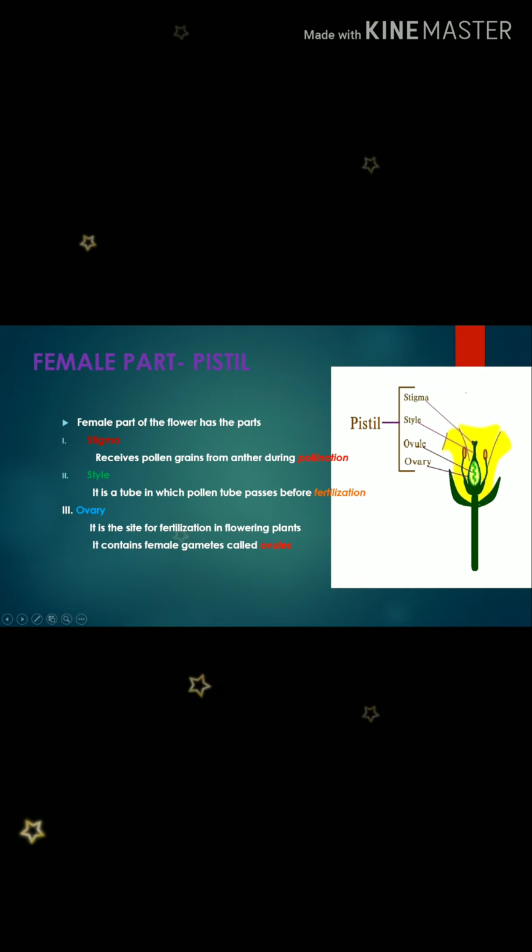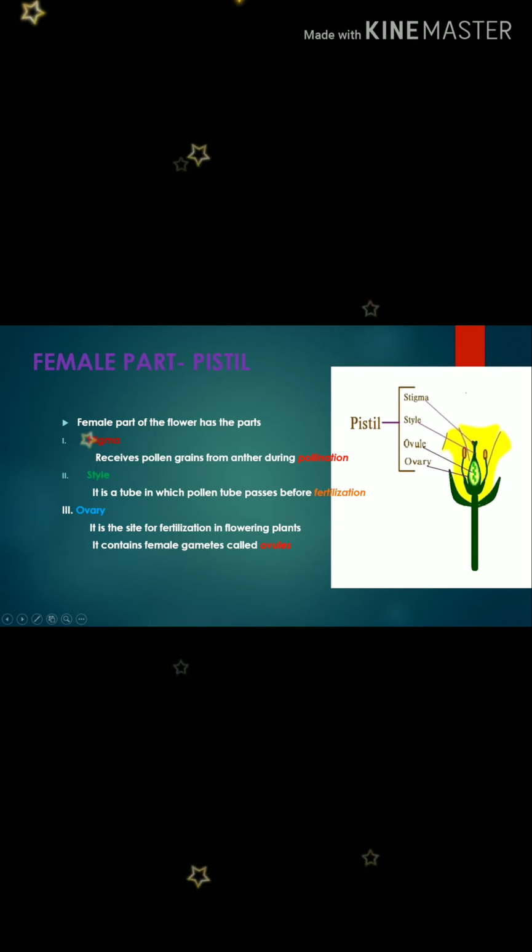It contains female gametes called ovules. So in a stamen, the male part of the flower, we said male gametes are called pollen grains, but here female gametes are called ovules. We can see it in the diagram.